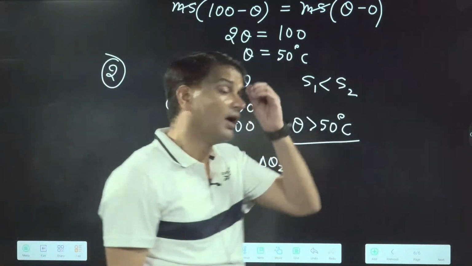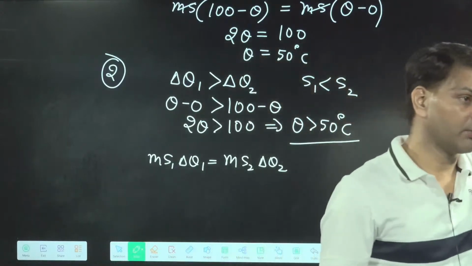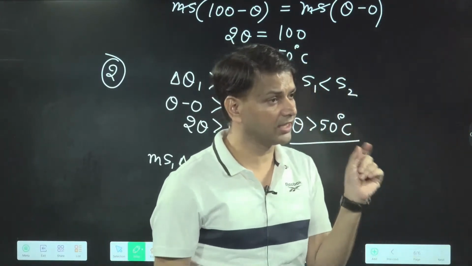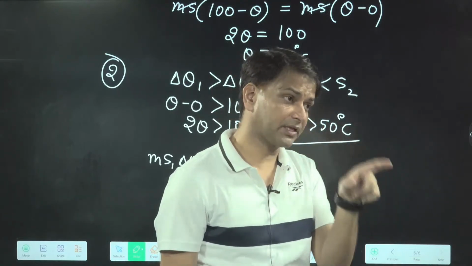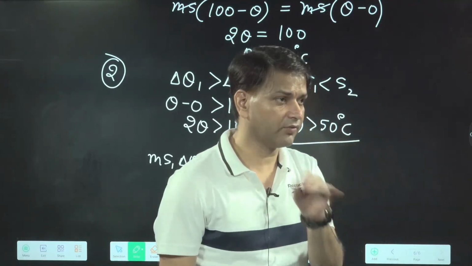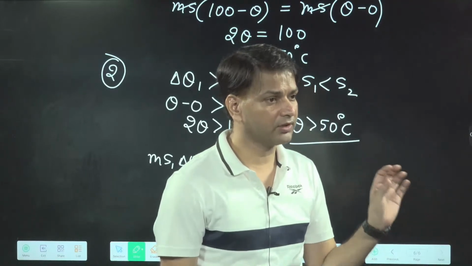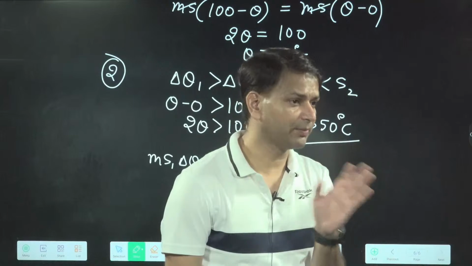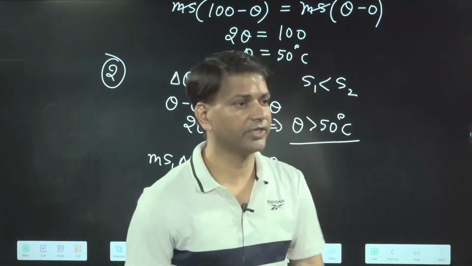Okay. So what I said here: body 1 and 2 are identical in all aspects, but their temperature is different, so their specific heat is different. Why? Because in the problem they have given that specific heat is directly proportional to temperature. So whose temperature is more, its specific heat will be more.